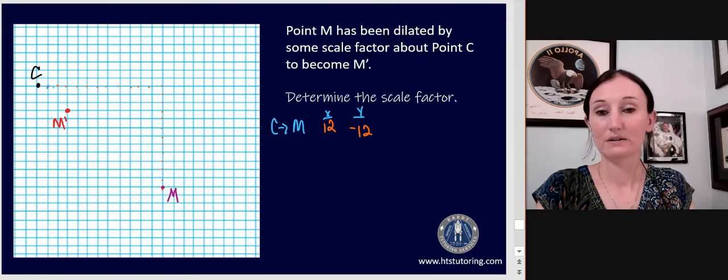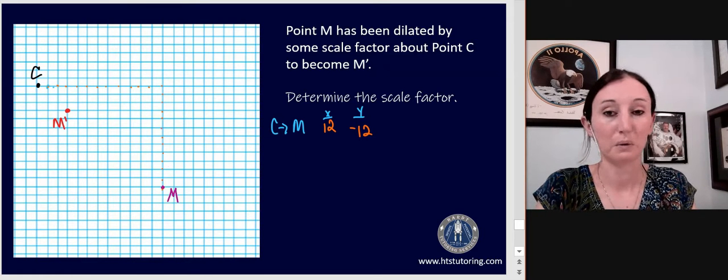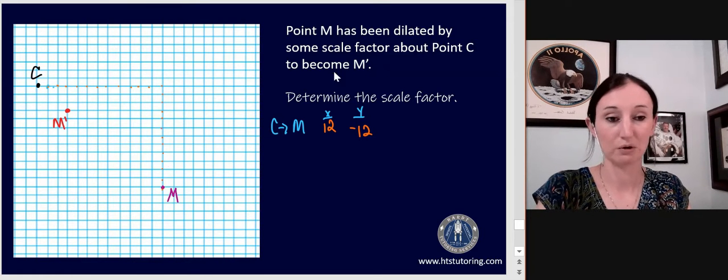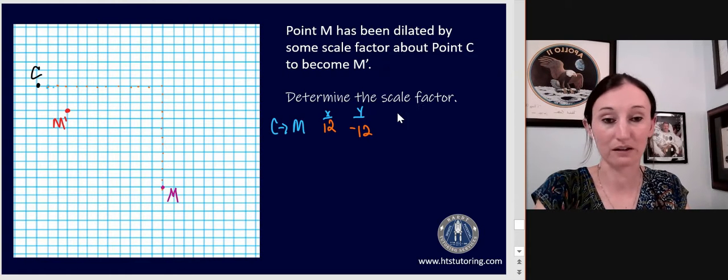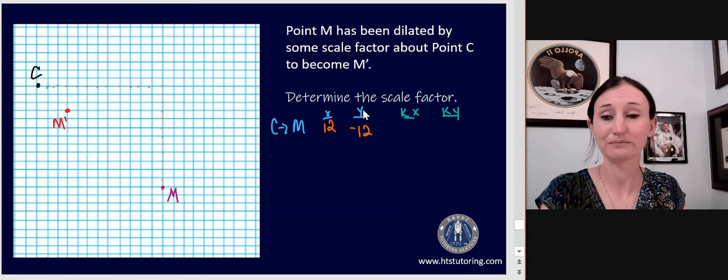Now we don't know what our scale factor is. Normally, in our table, we'd write the scale factor times our x, and times our y. We don't know what that is, so what you'll commonly see is a k. It can be a k, it can be an n. It doesn't matter, it's the scale factor.